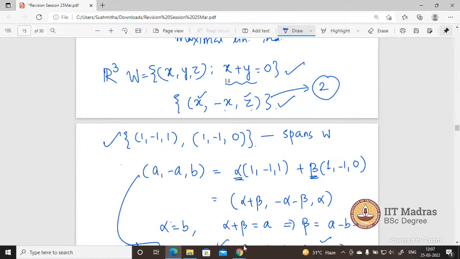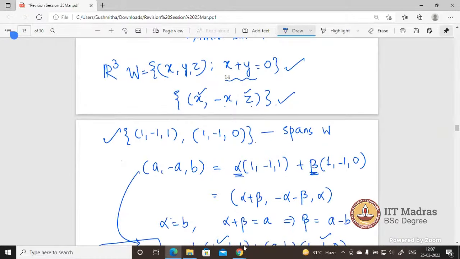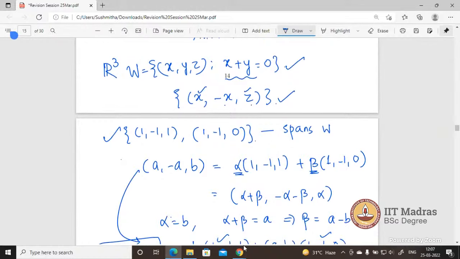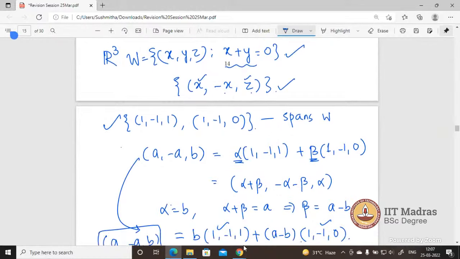Yes. But don't get into the details of dimension for now, I'm just telling you. Now someone told me that this spans W. I'm just checking that. This is any set. I'm checking whether this set spans W. If it spans W, then any vector in W should be written as a linear combination of these two vectors.